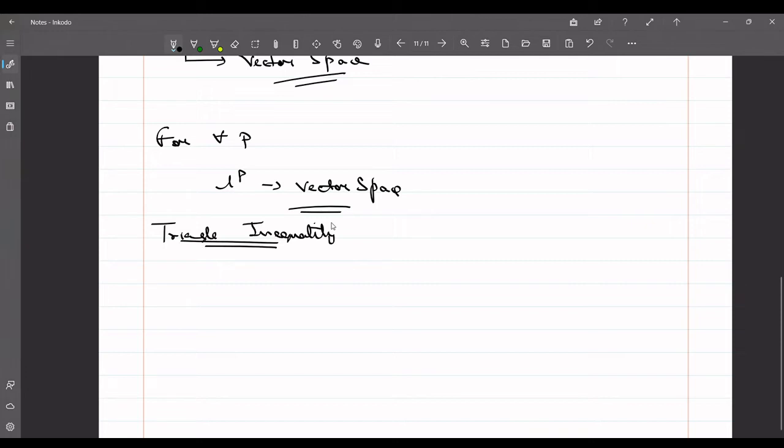It is called the series form. So the triangle inequality is: pth norm of x plus y is less than or equal to pth norm of x plus pth norm of y.